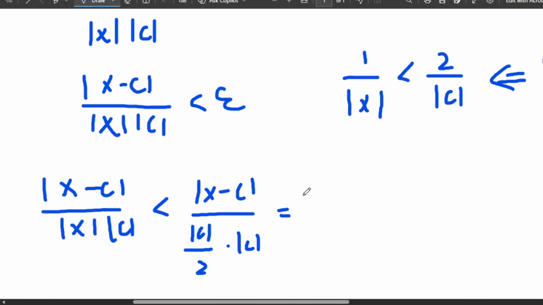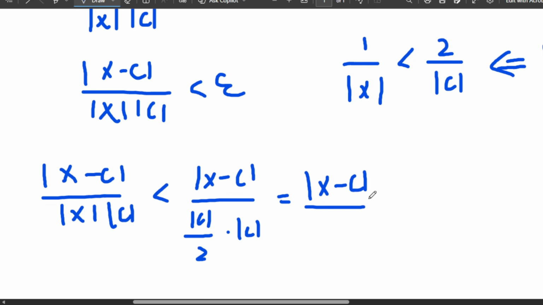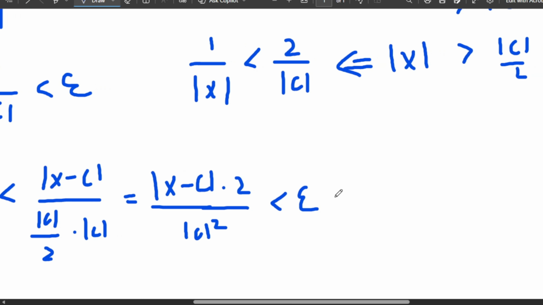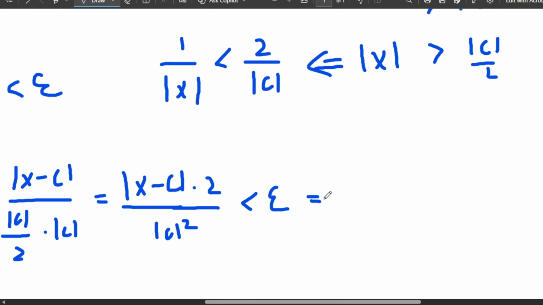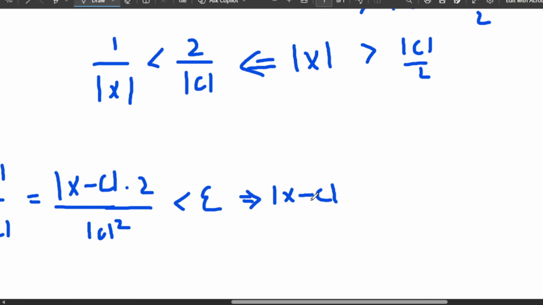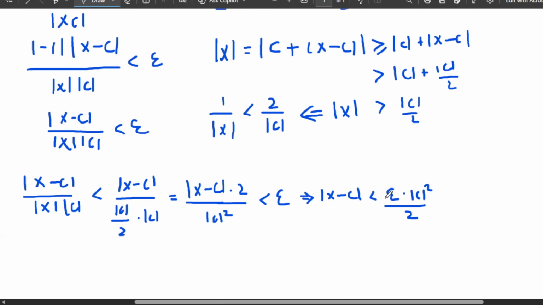This is the same thing as |x minus c| over (|c| squared over 2). We know this is strictly less than epsilon, so this is equivalent to |x minus c| less than epsilon times |c| squared over 2.